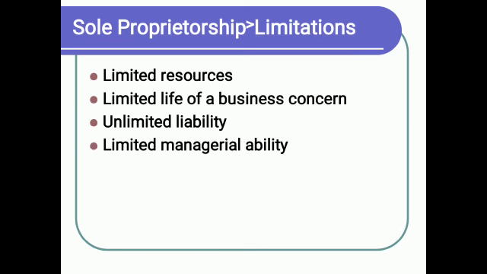A poor decision or an unfavorable circumstance can create a serious financial burden on the owner. That is why a sole proprietor is less inclined to take risk in the form of innovation or expansion.